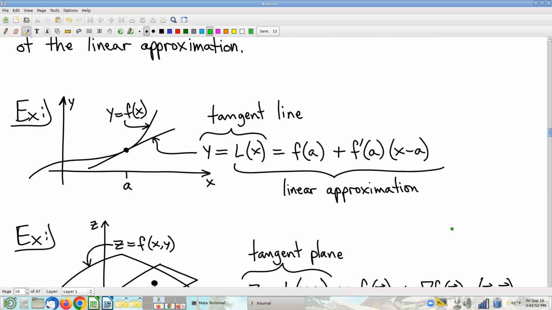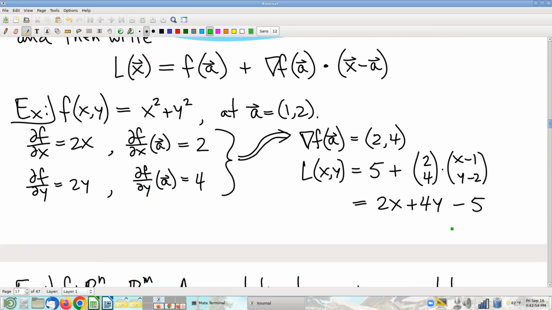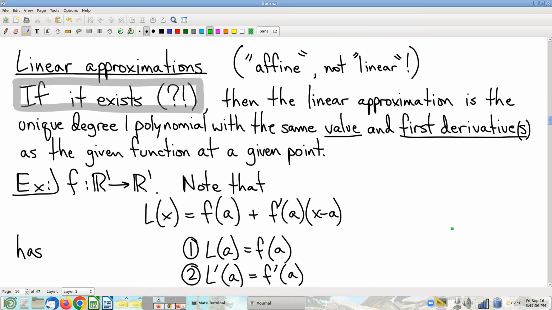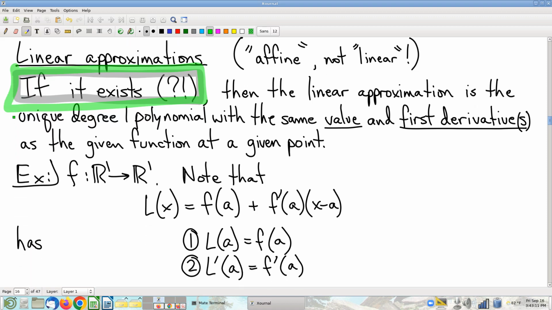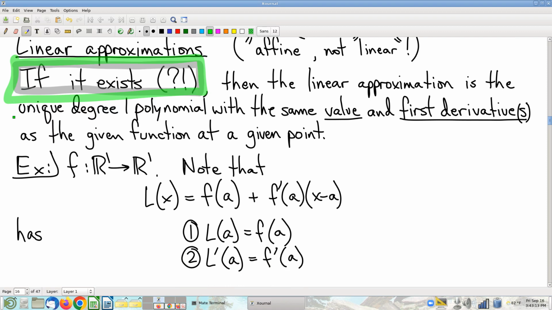Okay, so on to differentiability. I kind of skipped over an important bit at the very beginning of linear approximations. It was deliberate. And that is, you see I got it in a big box here, if it exists, right? So this analysis down here assumes that the linear approximation exists in the first place.